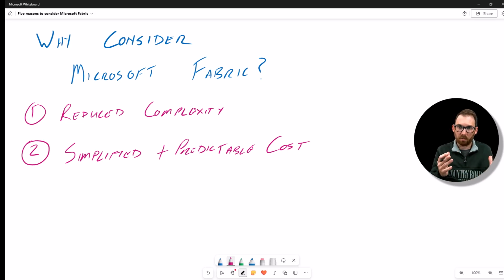Microsoft Fabric takes away a lot of that, and because it's a SaaS service, it is simply based on compute, how much compute you need for the various services Fabric provides, as well as storage. That's about it. There is potentially some network costs involved.